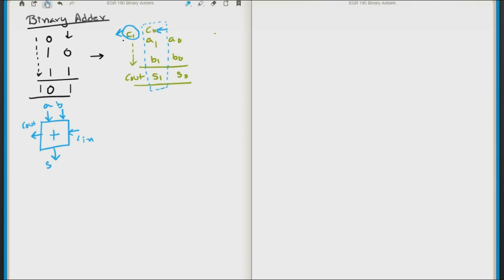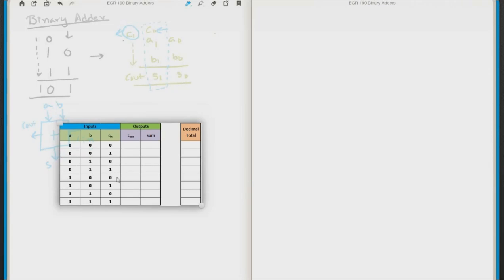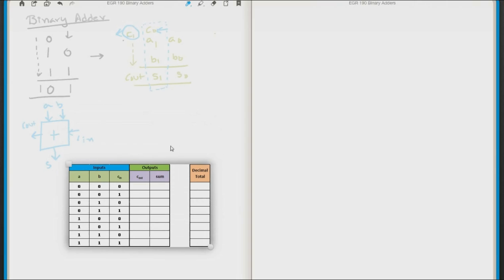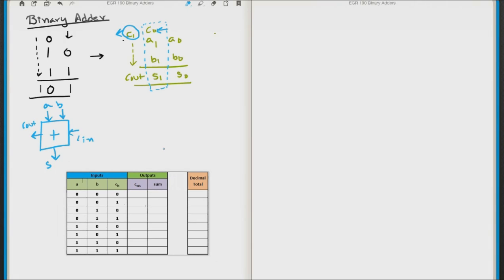So let's look at how to design this simple function. Just to save time, I have pre-drawn the truth table here. So let's write the truth table output first. Look at the first row: the inputs are 0, 0, 0, followed by 0, 0, 1, followed by 0, 1, 0, and so on.